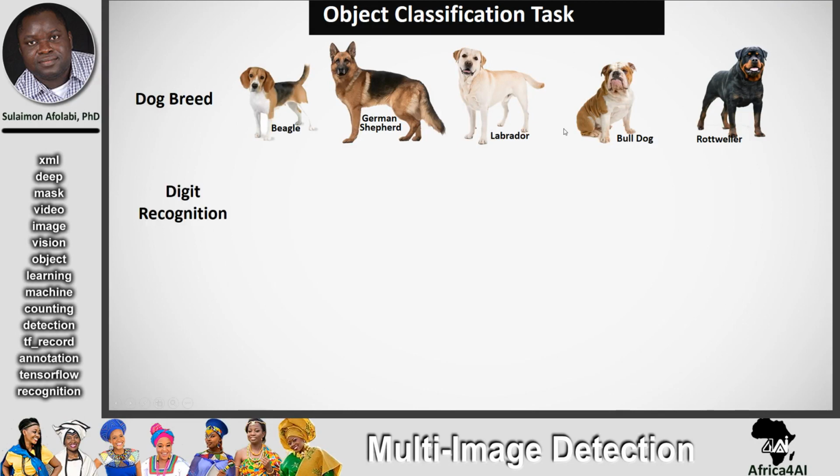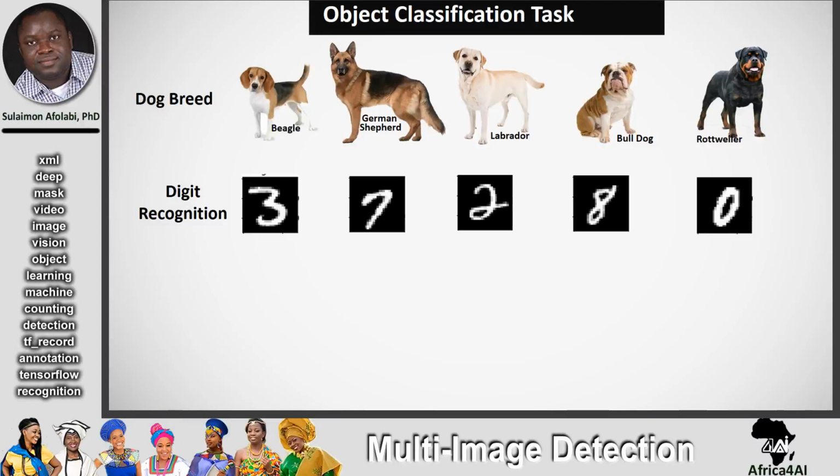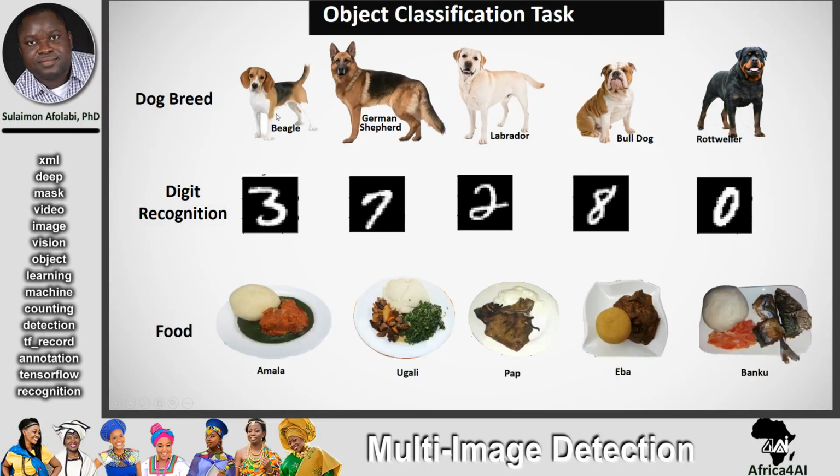What else can we do when it comes to object classification? Digit recognition. You can be asked to classify digits. Is it 1? Is it 3? Is it 7? Is it 2? Most especially the ones that have been written with the head of a pen or a pencil, as the case may be.